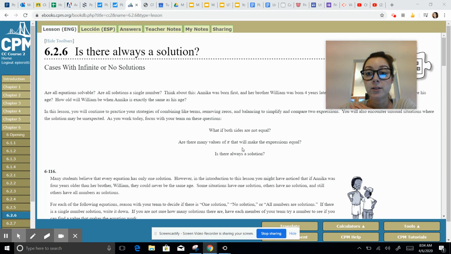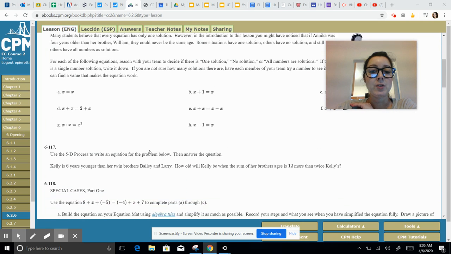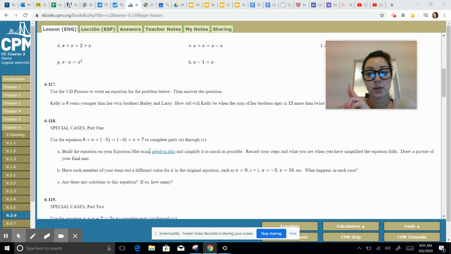Now we're going to look at special cases where x doesn't equal just one thing. It could equal nothing at all. We won't have a solution, or we could have infinitely many solutions, meaning that any number will work for x. We're going to look at two problems today so that we can see those two different types of situations.